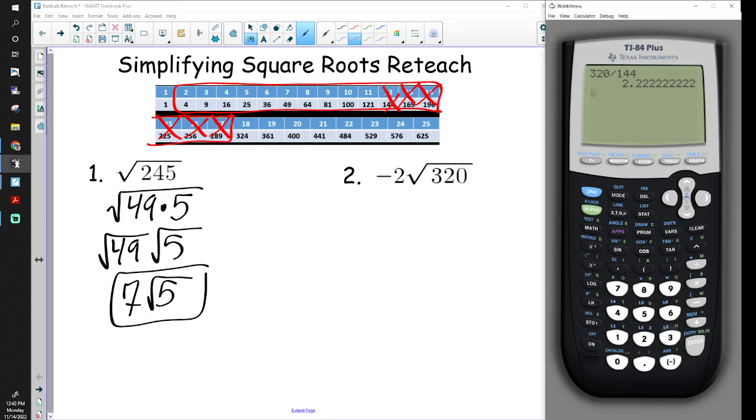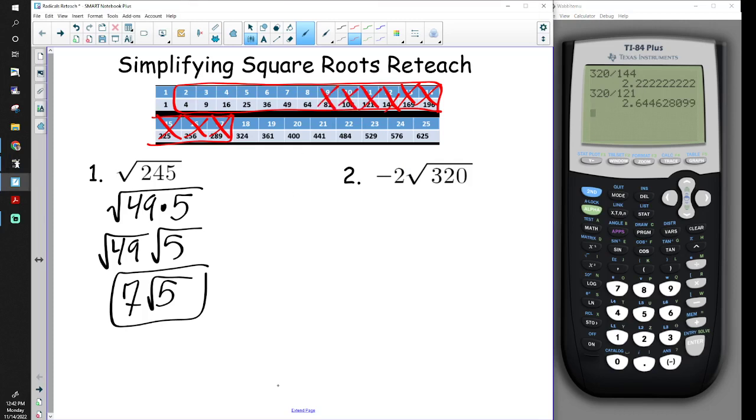Try 121. Still doesn't work. Okay? And we could sit here and keep going down our list, and the first one that ends up working is 64. 64 is the biggest perfect square we can divide 320 by.